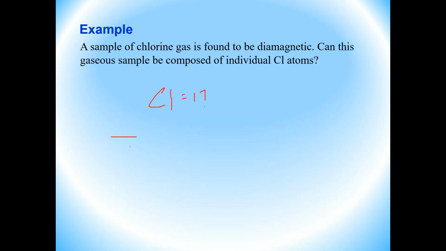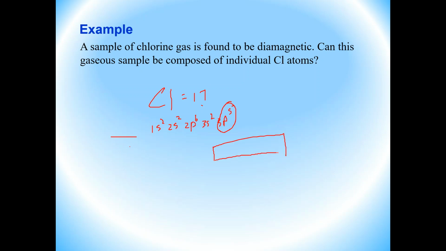So therefore, its electronic configuration will be 1s2, 2s2, 2p6, 3s2, 3p5, right?